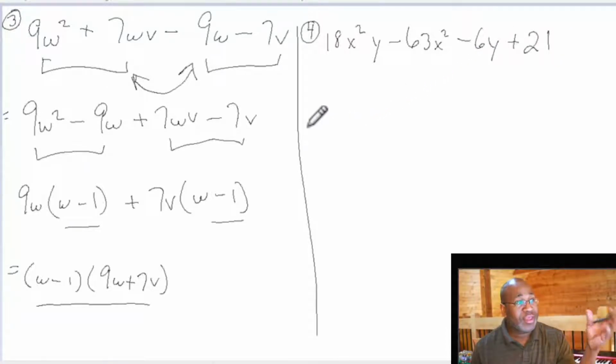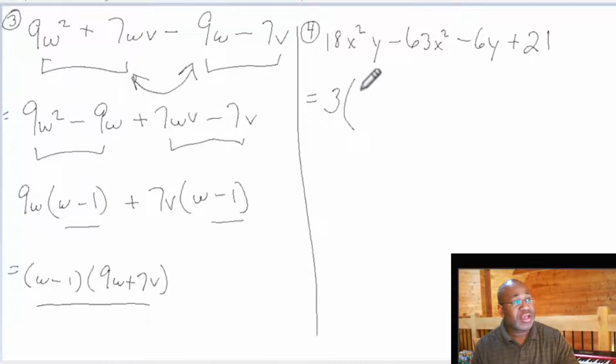All right, so now remember, before you start pairing off the terms, before you start doing the grouping method, the first thing that you want to do is look to see if there's a common factor among all the terms. In this case, we certainly do have a common factor, and that common factor among all the terms is going to be 3. So let's extract that factor.